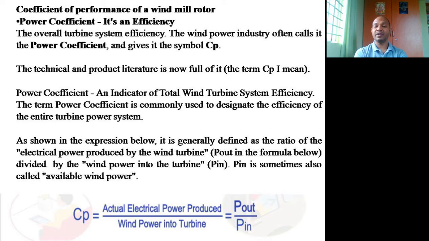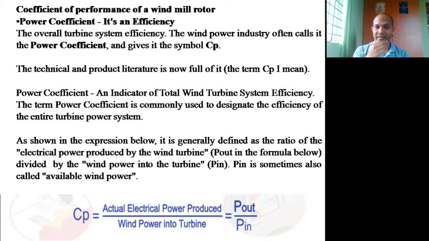Just imagine, 6 million kilowatt-hours per year from one wind turbine, which is sufficient for household or domestic applications.